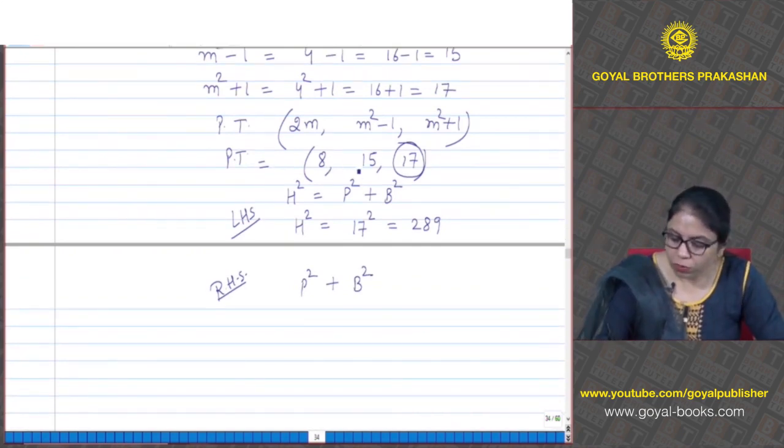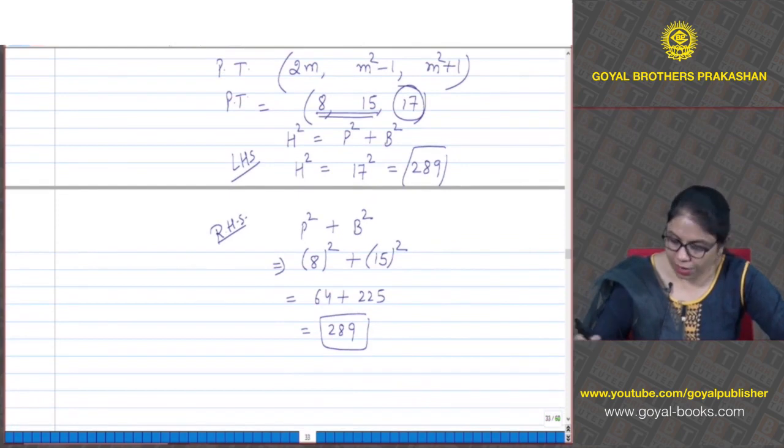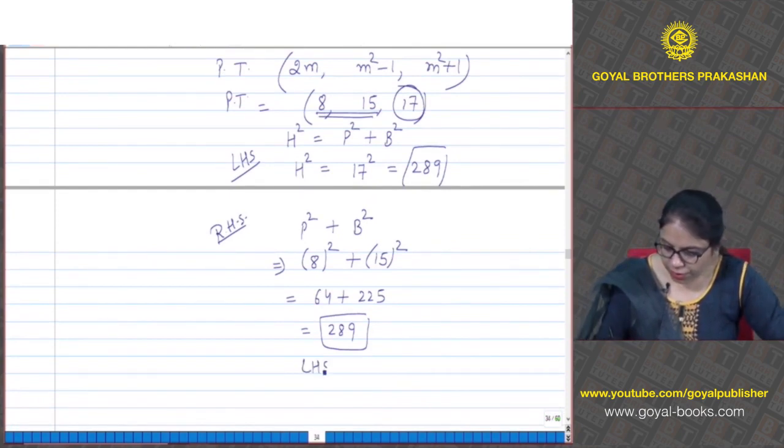Now the rest 2 members are 8 and 15. 64 and 225. If we add these numbers, we will get 289. So see children, our left hand side and right hand side both are same.